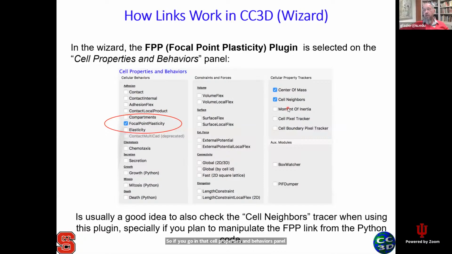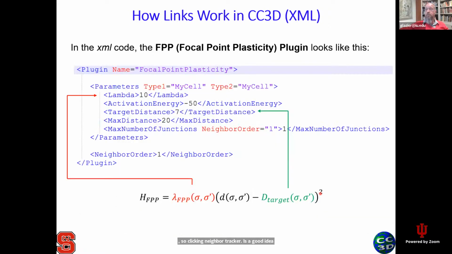And you usually will need to know who your neighbors are, so clicking Neighbor Tracker is a good idea. And that's going to paste in some XML code. And as usual, sometimes we'll use the XML code, and sometimes we'll do things in Python. But you'll get a plugin named Focal Point Plasticity.